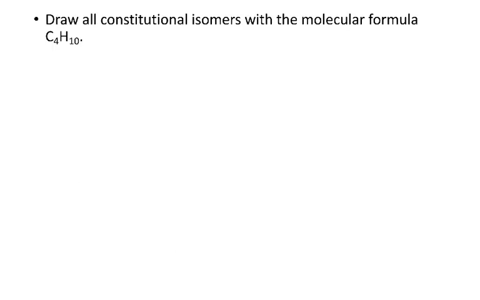All right, so you want to draw all constitutional isomers with the molecular formula C4H10. So the easiest way to do this is probably just to do a straight chain and then make sure the number of atoms come out correct, right?